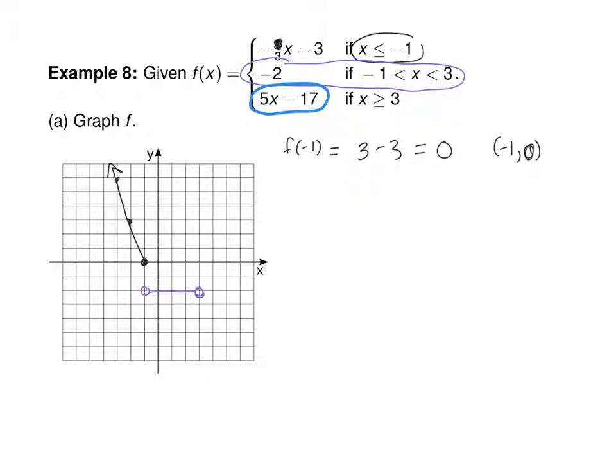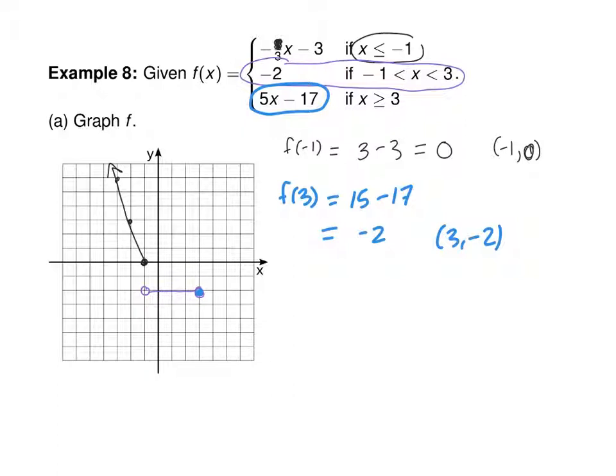So plug in x equals 3 to figure out where you start. That'll be 15 minus 17, right? Which is -2. So you plot the point over 3, down 2. Do you end up filling in that circle? Yes, you do. Okay, so fill in the circle. And then from there, what's your slope? 5.